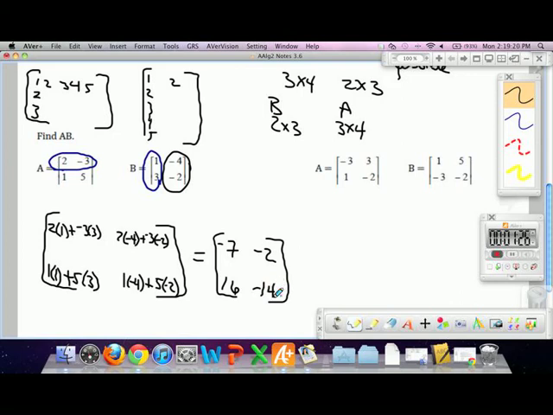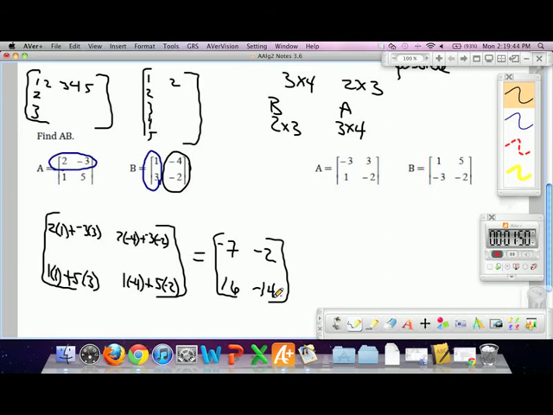Again, we'll find each of these positions by taking, if we want row 1, column 1, we'll multiply and add row 1 to column 1. Row 1 to column 2. Row 2 and column 1. Row 2 and column 2.